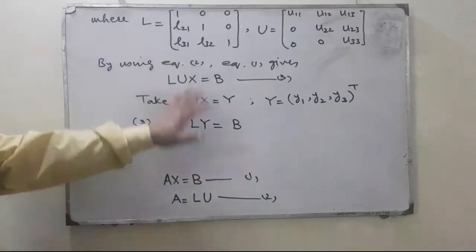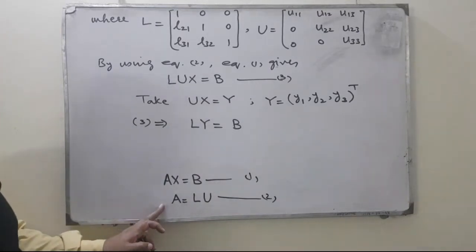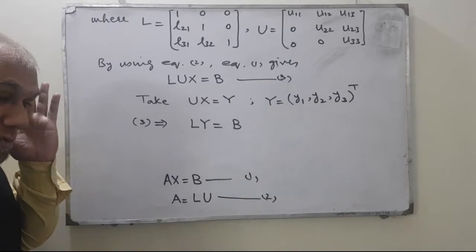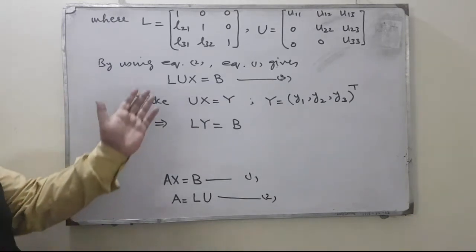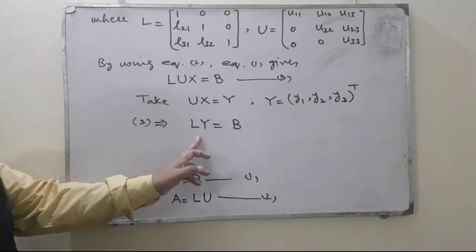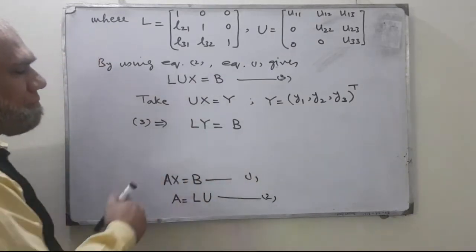If you look at all the steps involved, first of all, you have to decompose A into the product of the two matrices L and U, and then we go through this process and reach this level. From here we take the start.